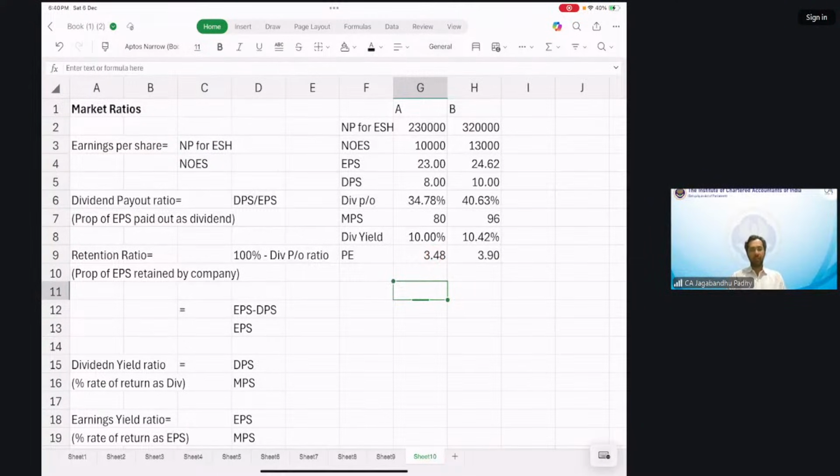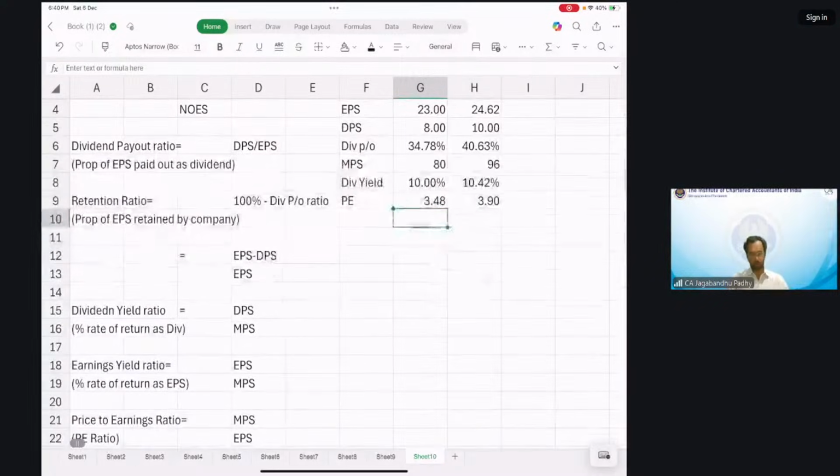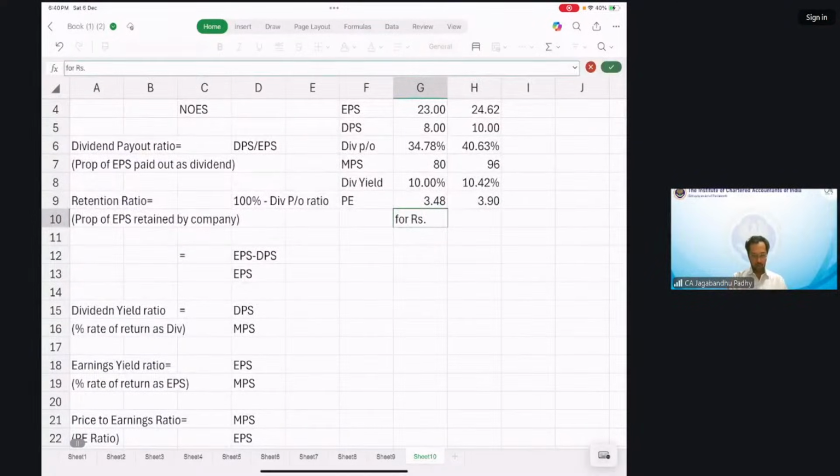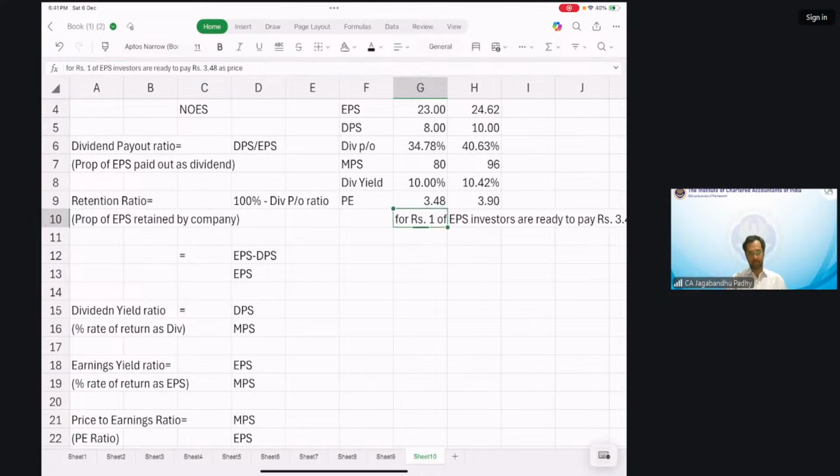For company A, for every 1 rupee of EPS, investors are ready to pay rupees 3.48 as price, right?